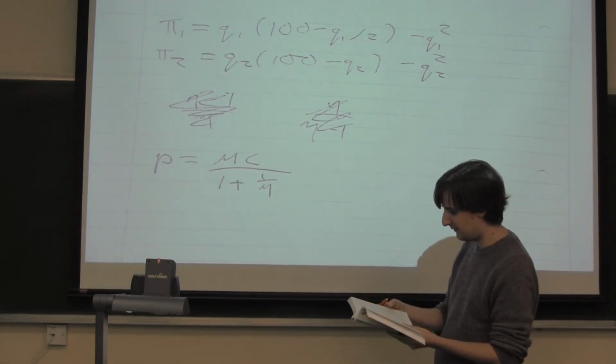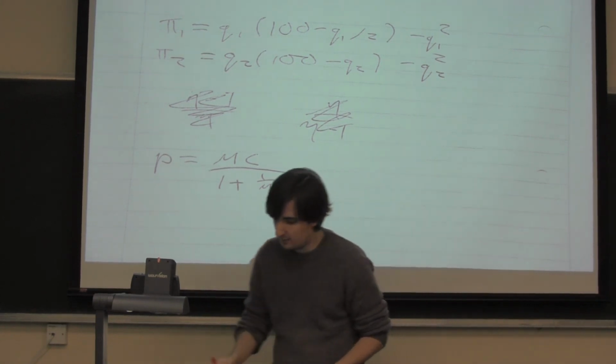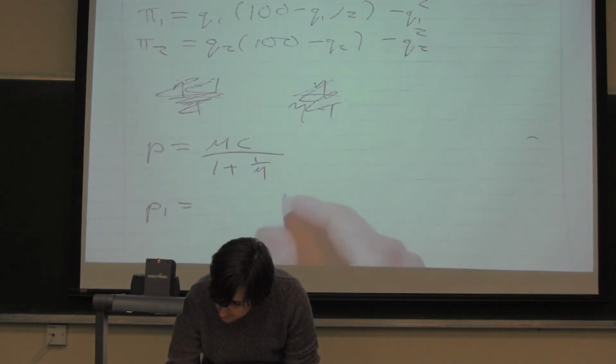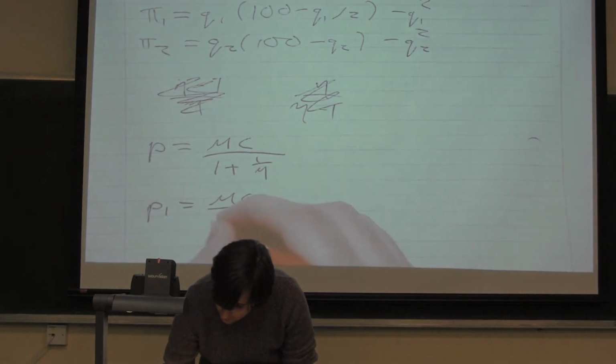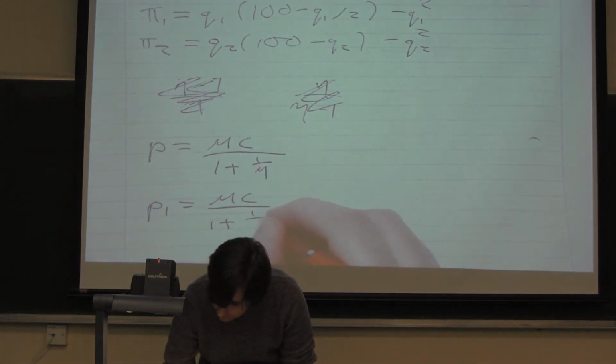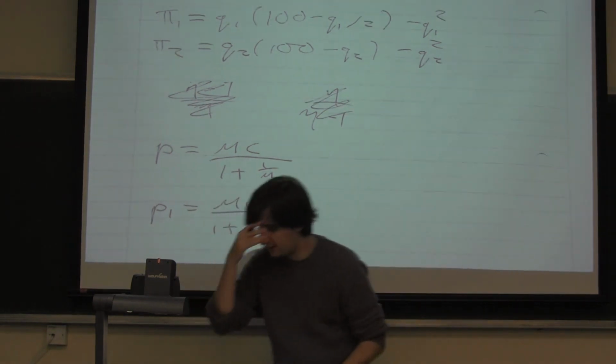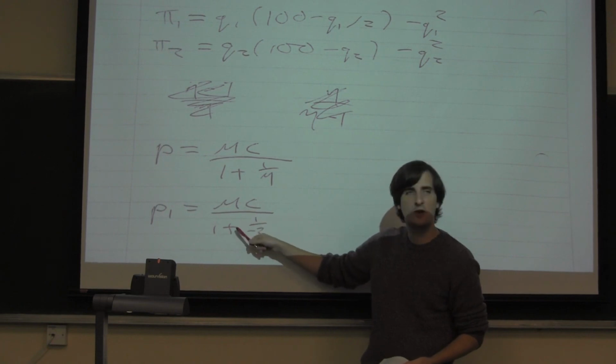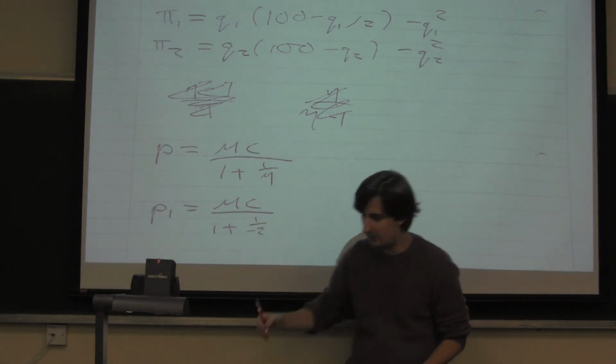So here we had eta is -2 and eta is -4. Price in the first market is going to be marginal cost over 1 plus 1 over -2. So this is marginal cost divided by a half, so it's 2 times marginal cost.